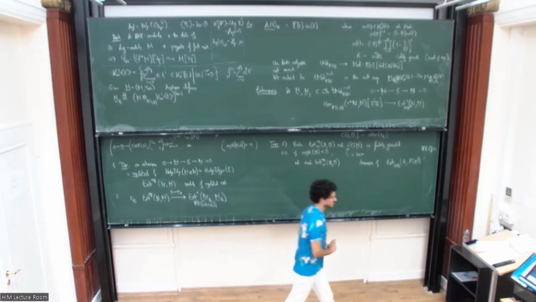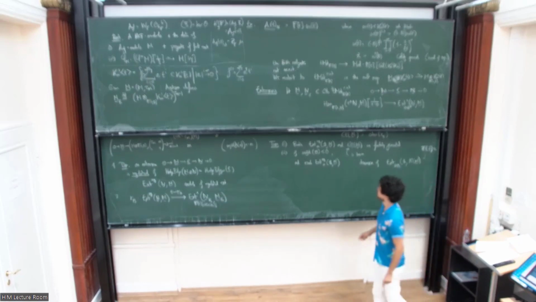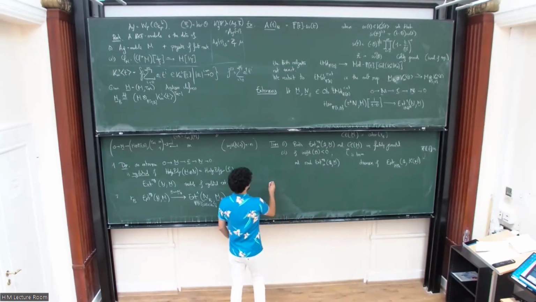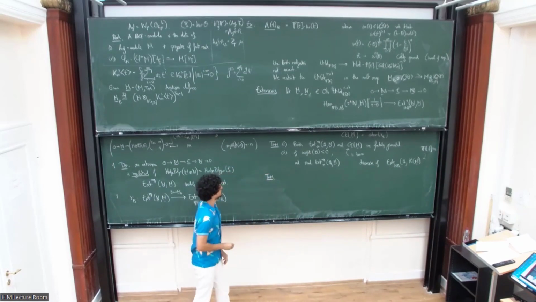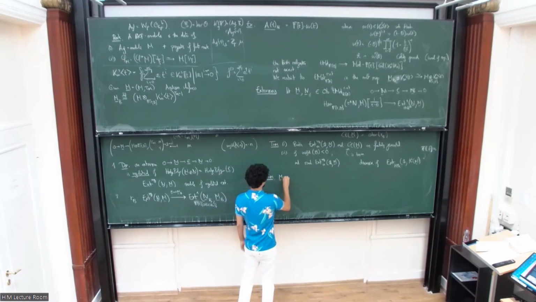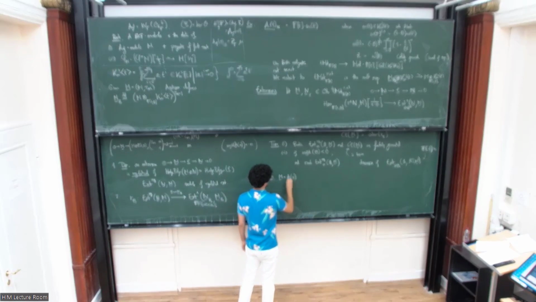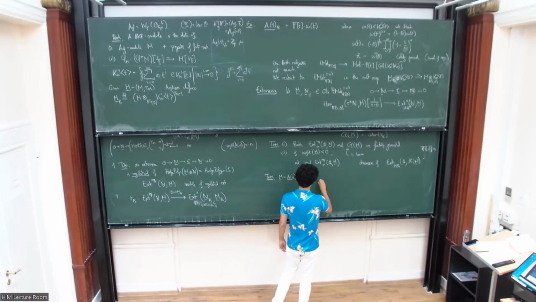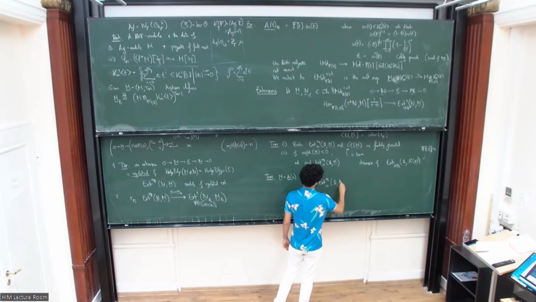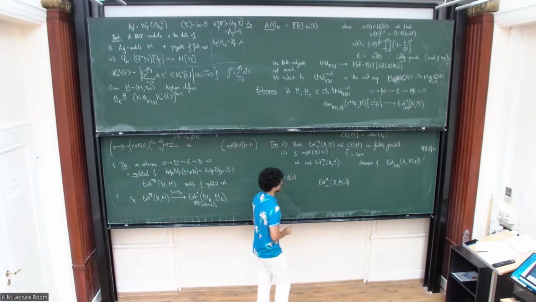So I can just state now the results. Let's say theorem. I will show you the computation when M is a Tate twist. So we have the following: the regulated extension Ext^1 of this thing.